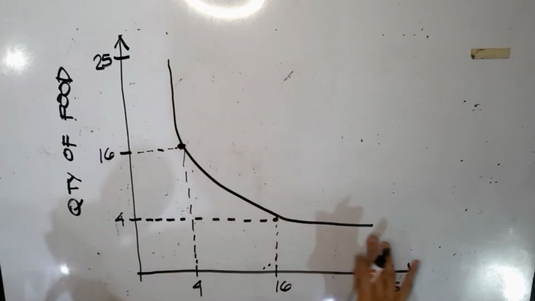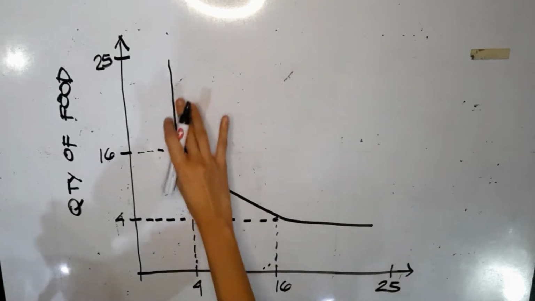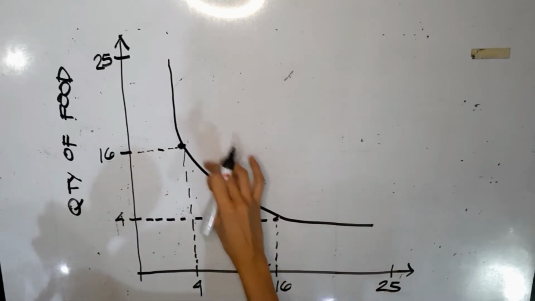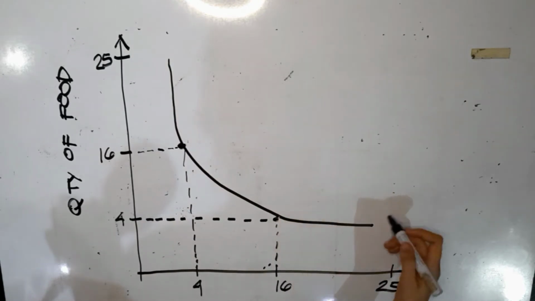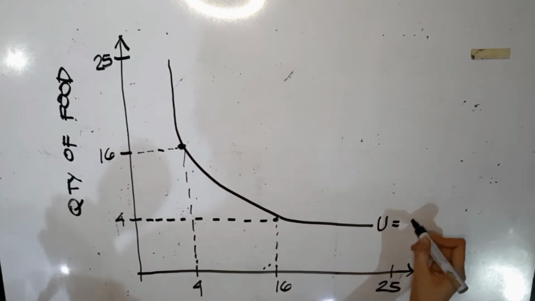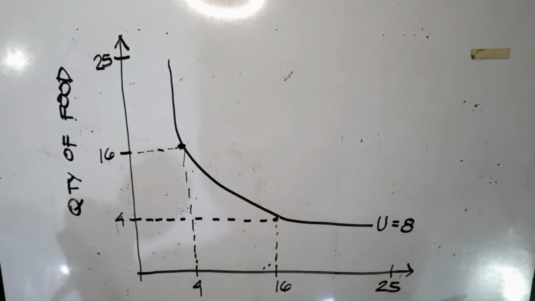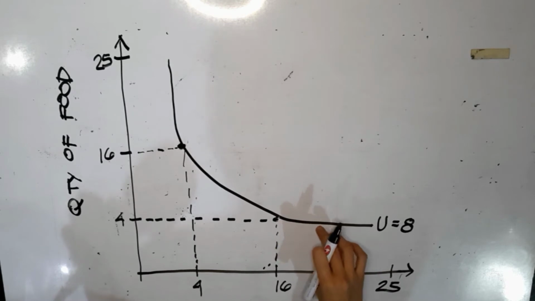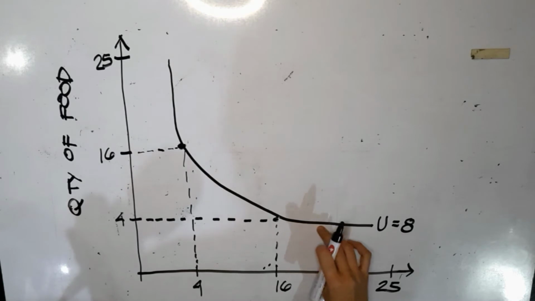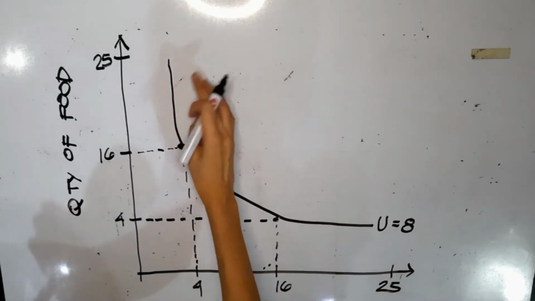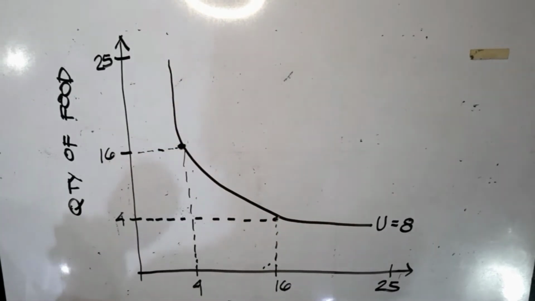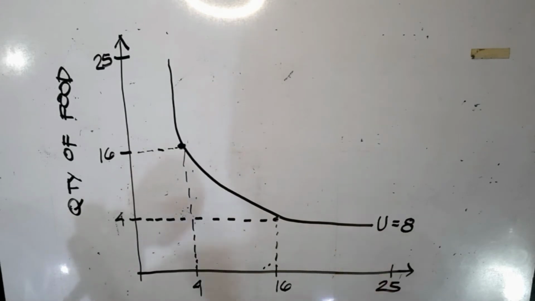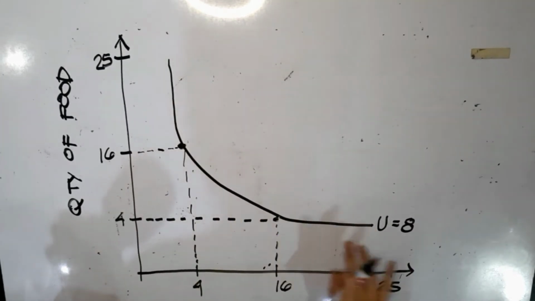And within this curve, regardless if the point is here, or here, or here, you would get a utility of 8. So you don't care whether you have the quantity of food and clothing here, or the point here, as long as it's on the curve, you would get a utility of 8. So this is your indifference curve.